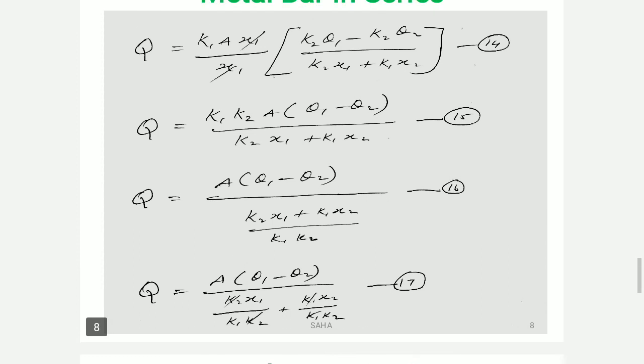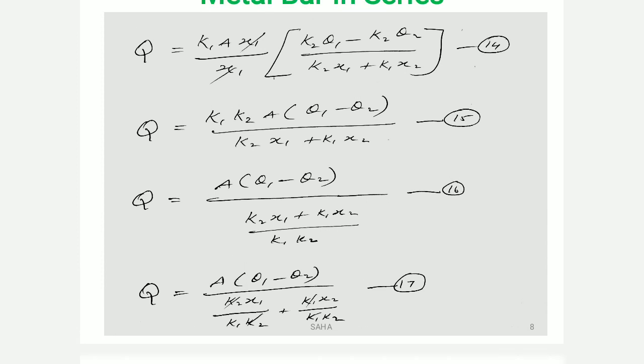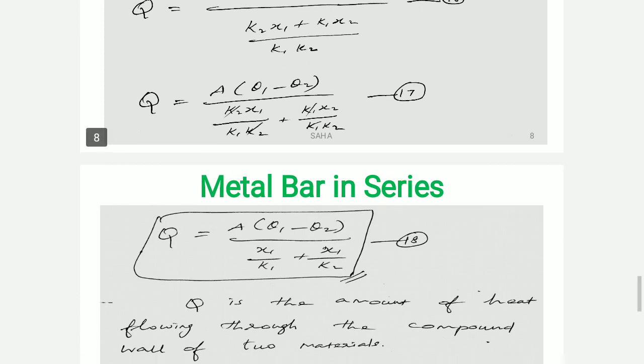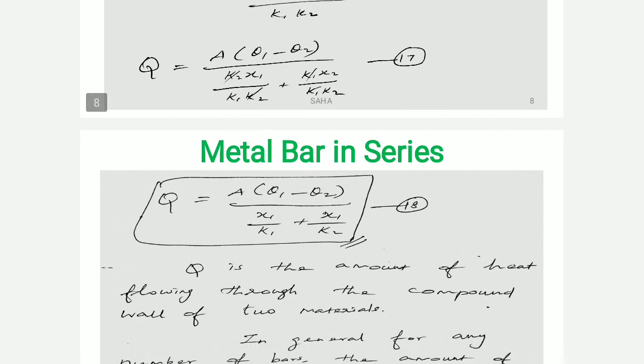So Q is equal to A into theta 1 minus theta 2 divided by k2 x1 divided by k1 k2 plus k1 x2 divided by k1 k2. In the first value k2 cancels, in the second value k1 cancels. Then we can get equation number 18. Q is equal to A into theta 1 minus theta 2 divided by x1 by k1 plus x2 by k2.